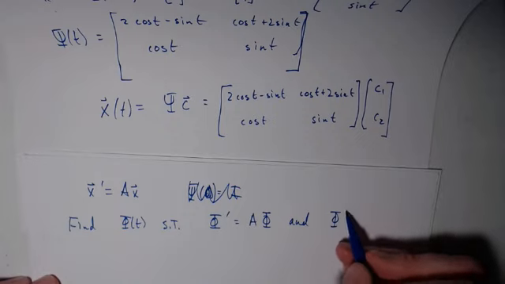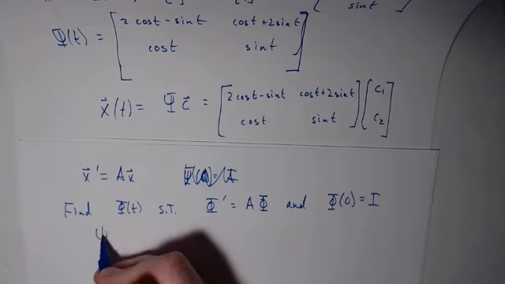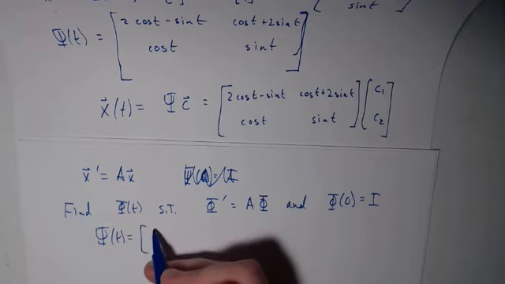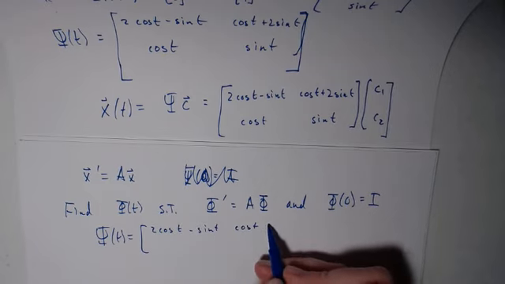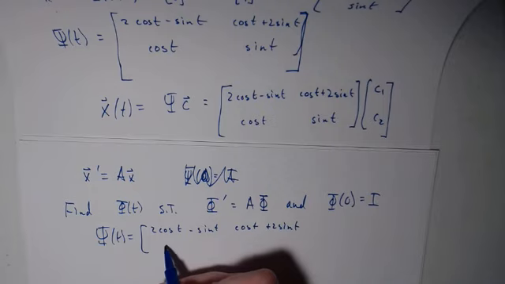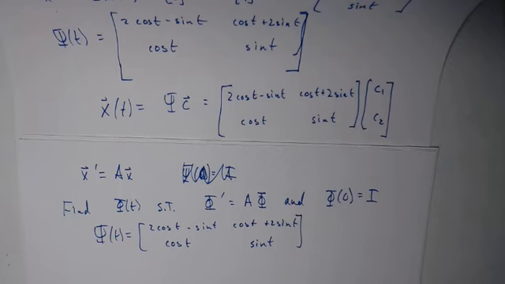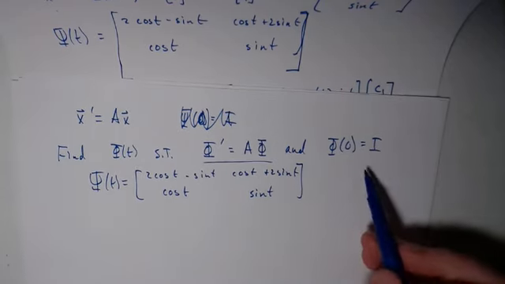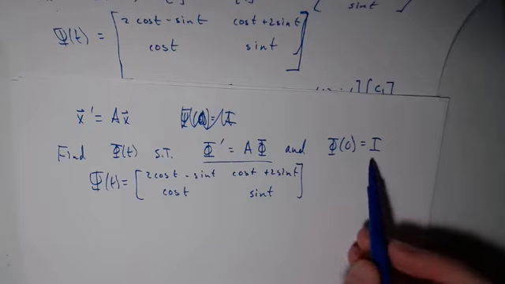Phi of 0 is the identity matrix. So we know that psi of t equals, I'm going to write it a third time here, 2 cosine t minus sine t, cosine t plus 2 sine t, cosine t, sine t is a solution of that, but we want the one that satisfies this initial condition.